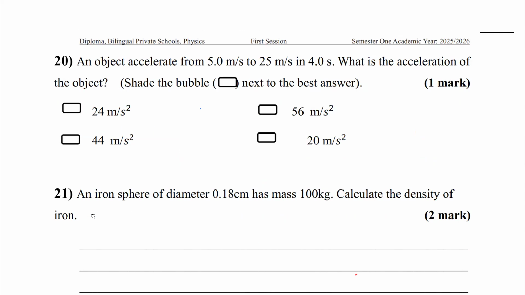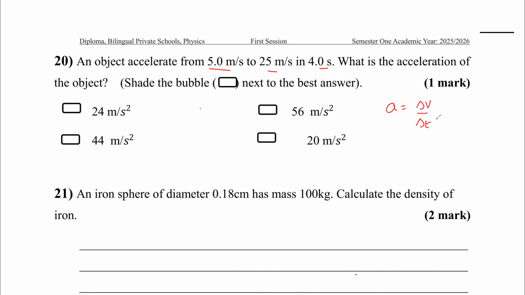Question number 20 is a simple one. An object accelerates from 5 to 25 meters per second in 4 seconds. Find the acceleration. Obviously, we know that acceleration is equal to change in velocity divided by change in time.